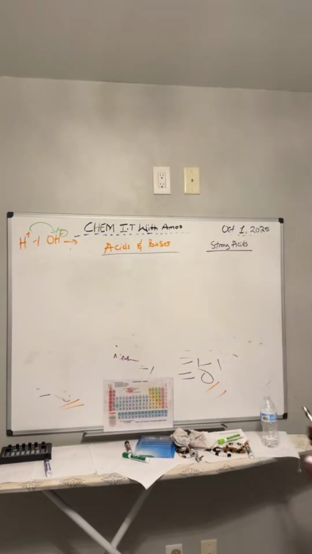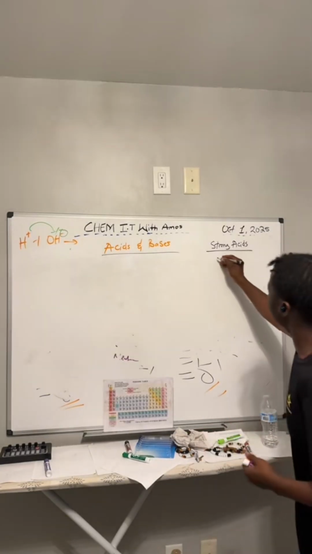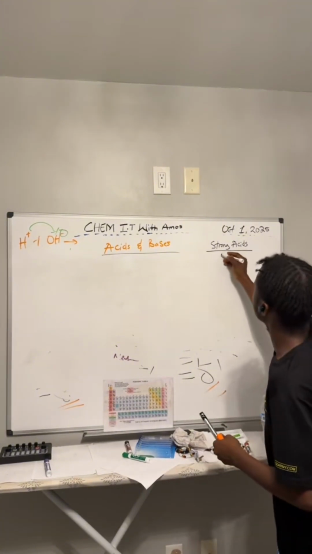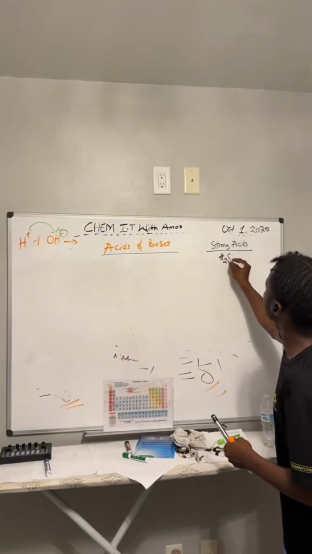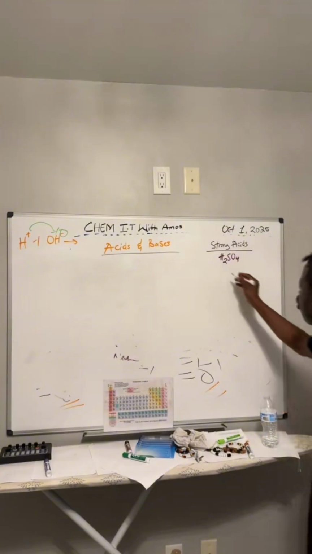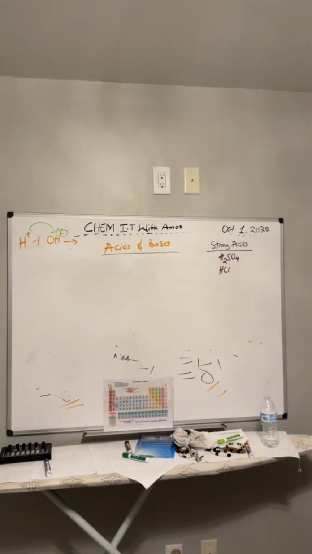All right. If you are to get strong acids, number one, mostly you say sulfuric acid, which is H2SO4. Then we have hydrochloric acid, which is also a strong acid.